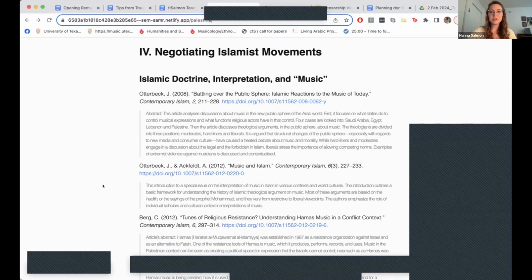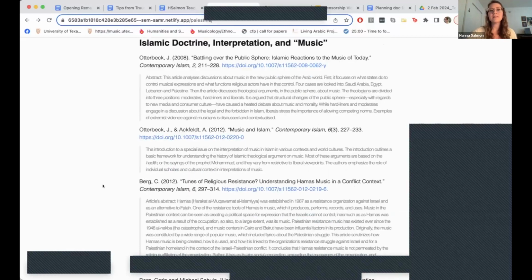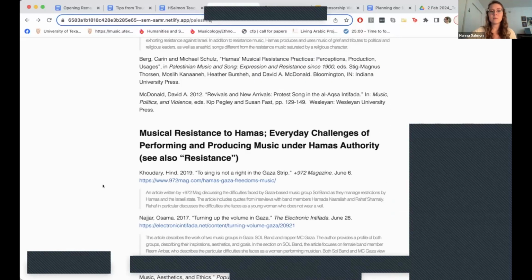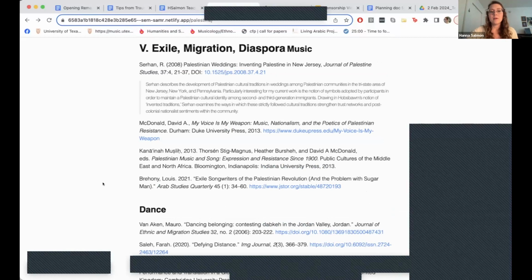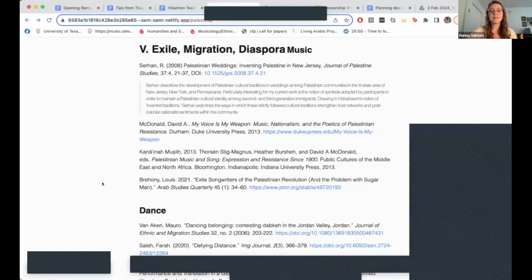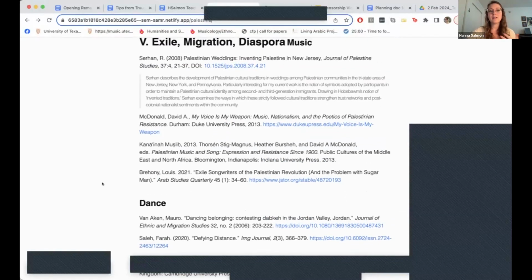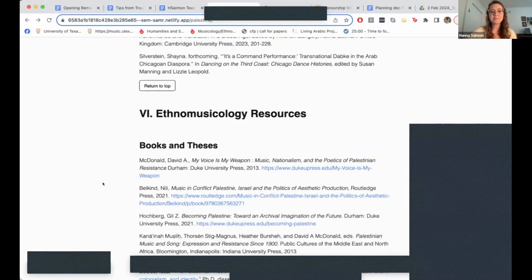There's a specific section on Islam, Islamist movements, Islamic interpretation and doctrine on music, as well as specifically relating to Hamas. We also address the practice of music and dance in particular in exile, migration, and diaspora.